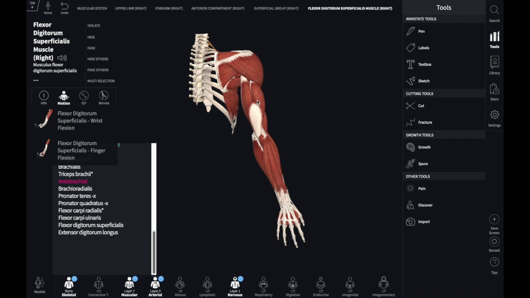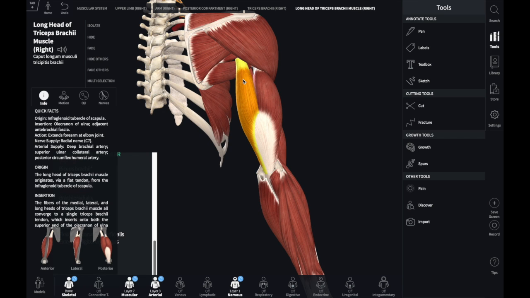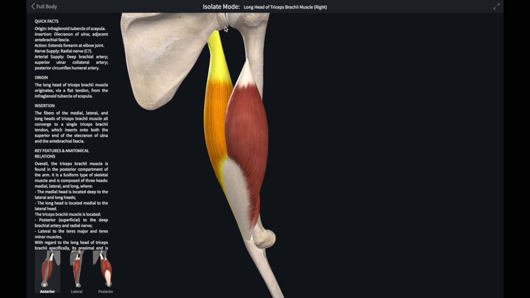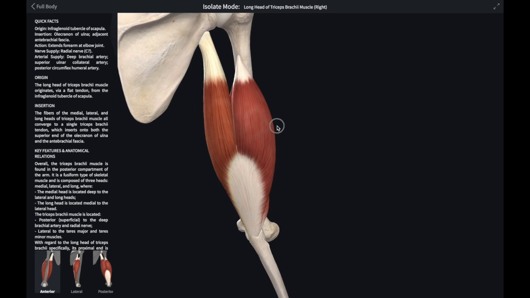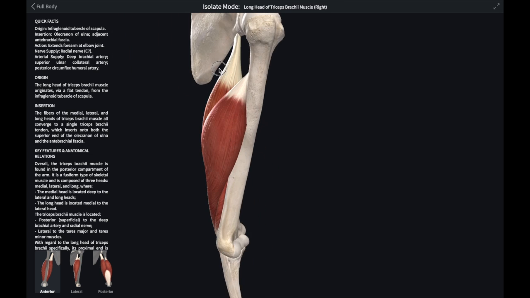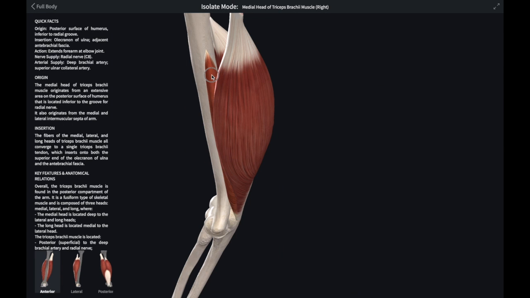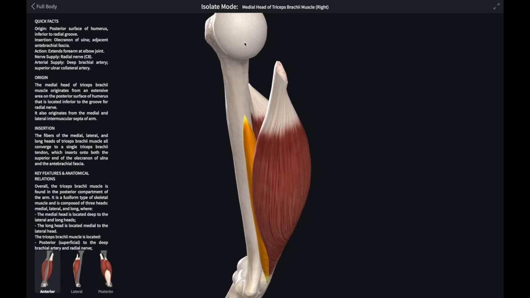Looking posteriorly, we have our triceps brachii. Your tricep muscle has three origins. The first origin is the scapula. The second origin is along the posterior aspect of your humerus. And the last origin is on the medial side of your humerus.